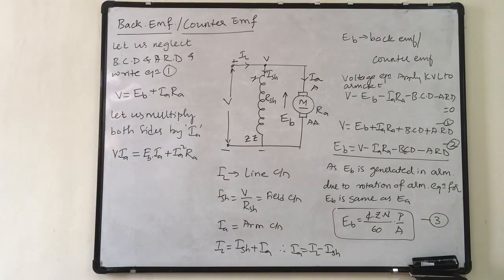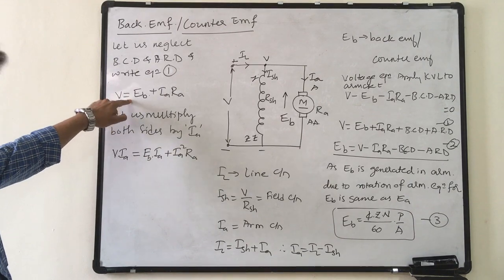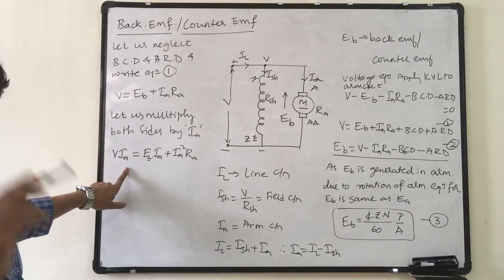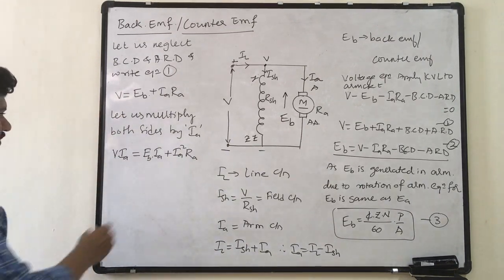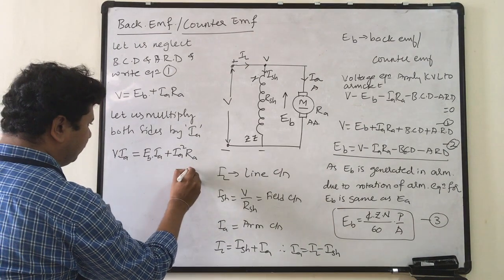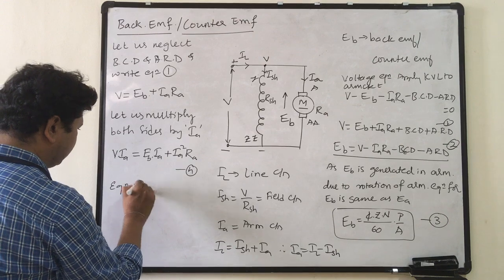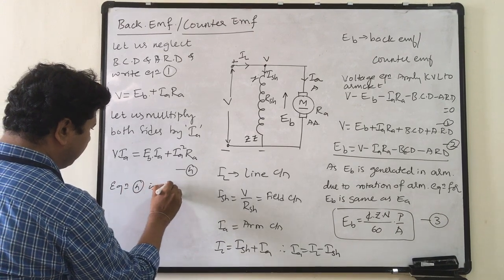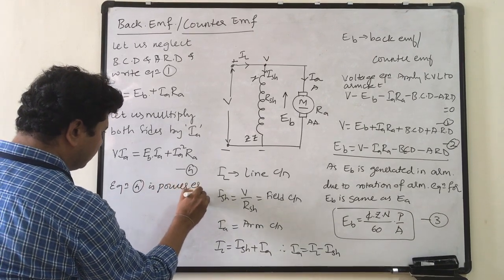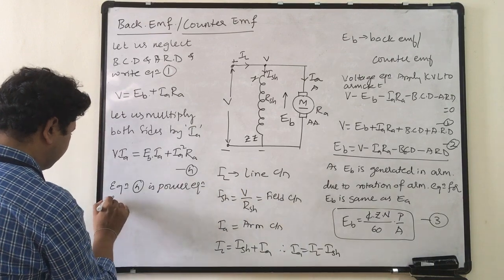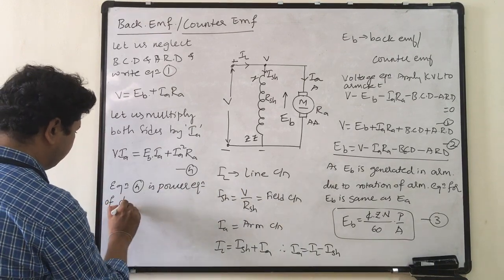Okay. So this is the voltage equation. This is the power equation. So equation 4 is power equation of DC motor.